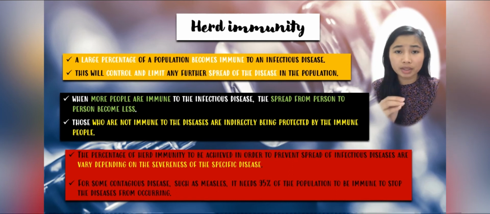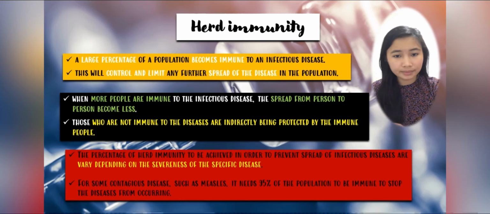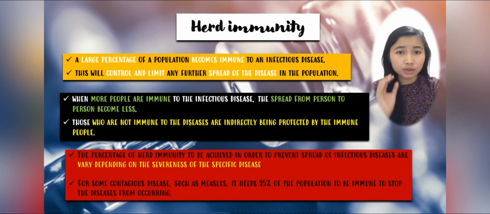When more people are immune to the infectious disease, the spread from person to person becomes less. This is because those who are not immune to the disease are indirectly protected by the immune people.